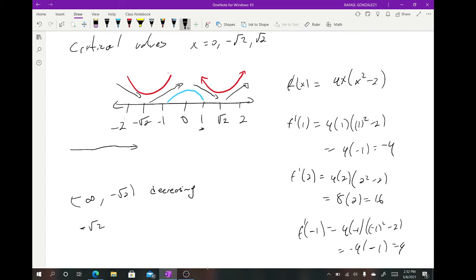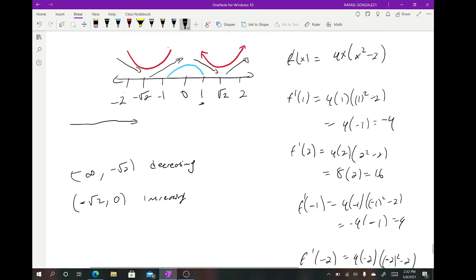From negative radical 2 to 0, we are increasing. Then from 0 to radical 2, we are decreasing again. And from radical 2 to infinity, we are increasing again.